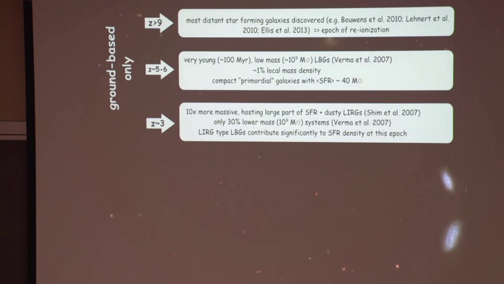They are very compact galaxies with relatively high star formation rates of 40 solar masses per year. At a redshift of 3, when the universe is about 2 to 3 billion years old, these objects have grown in size. They are 10 times more massive. They host a large part of the star formation.